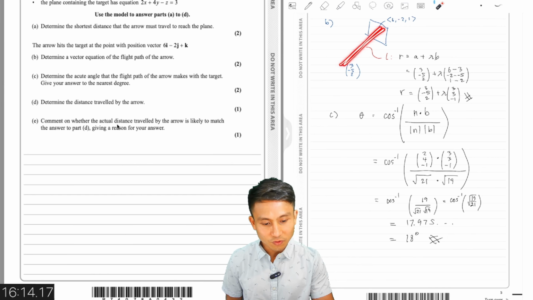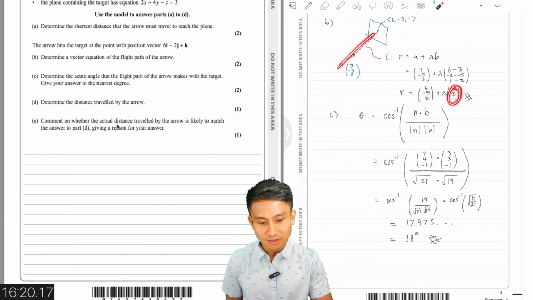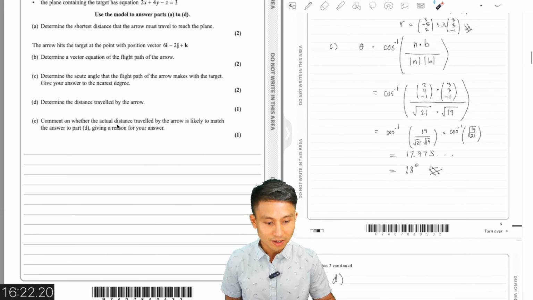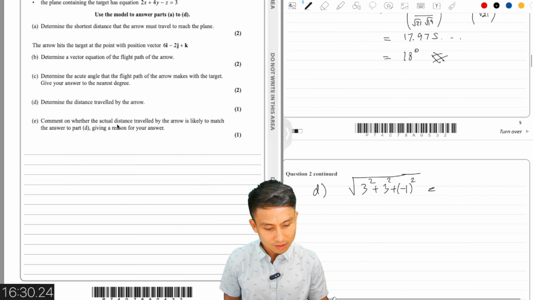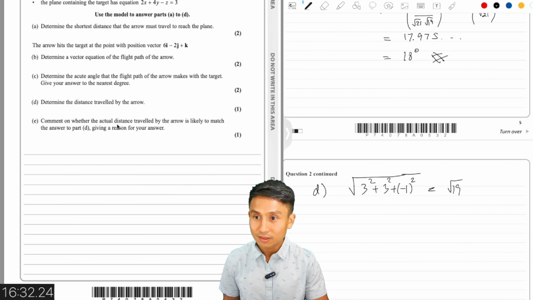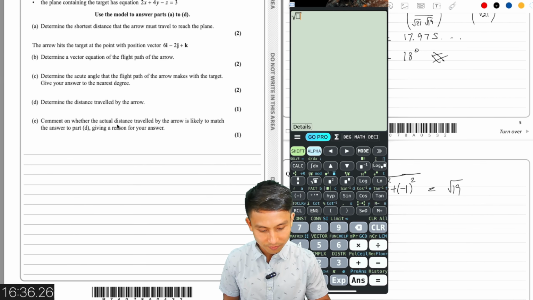This relative vector between the arrow and the target is already this. So we just find the magnitude of this, which will give us the distance traveled by the arrow. So it's the square root of 3 squared plus 3 squared plus (-1) squared, and that is just root 19. Distance traveled. I can give it a decimal there.